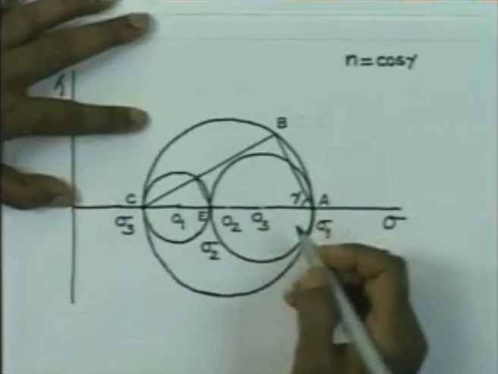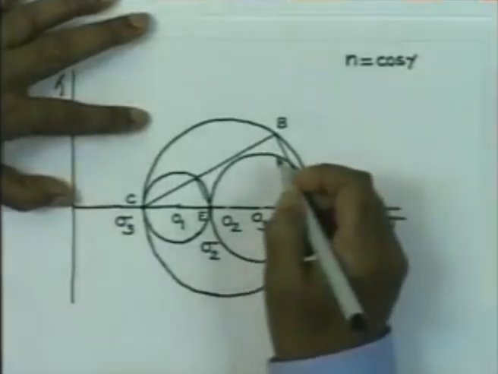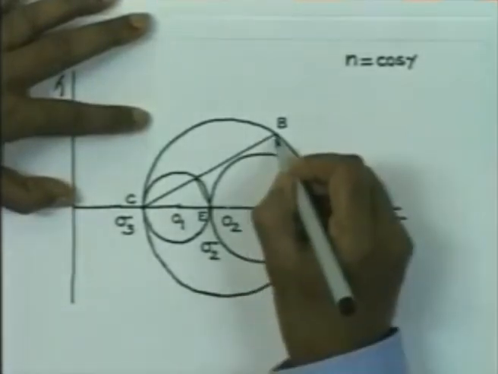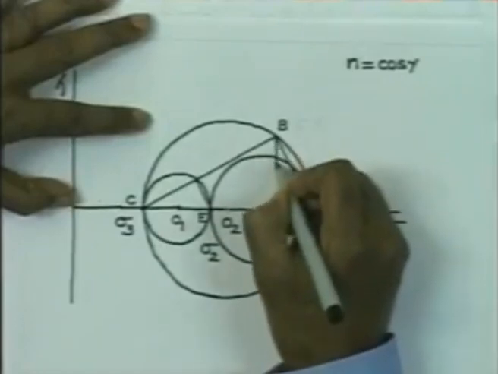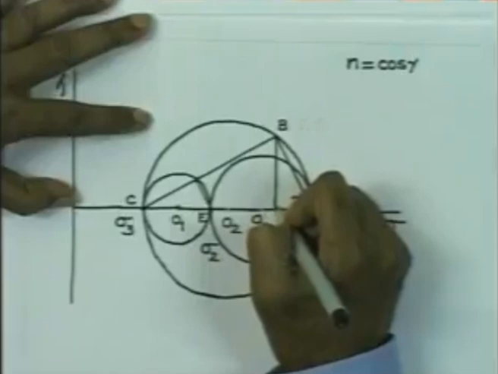And now we will do a little bit of construction. We will now drop a perpendicular from this point on the normal stress axis.